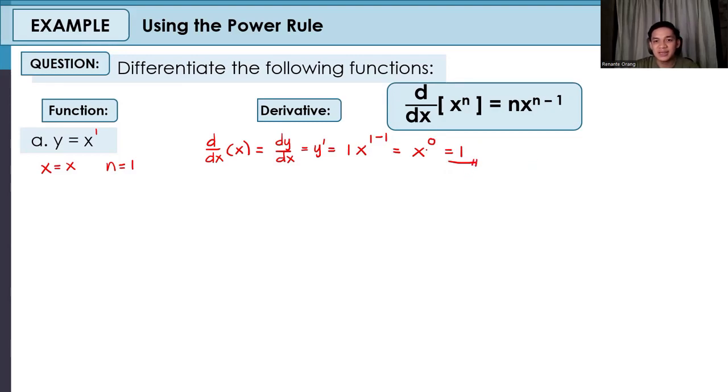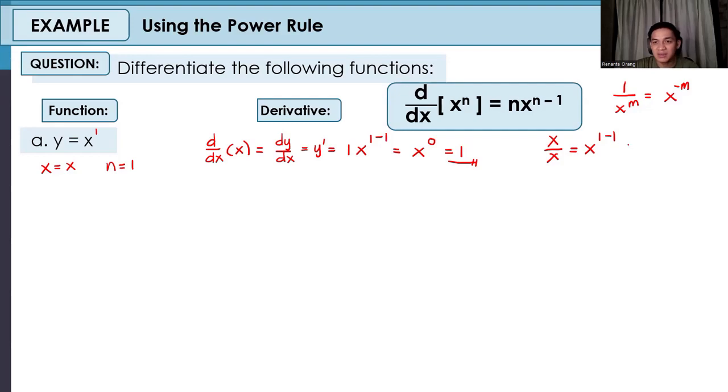So, patunayan natin class na x raised to 0 is equivalent to 1. Take note that x divided by x, ibig sabihin yan class is x raised to 1 minus 1. Diba? Because as we all know, 1 divided by x raised to m is equivalent to x raised to negative m. Pag ililipat natin to sa itaas.